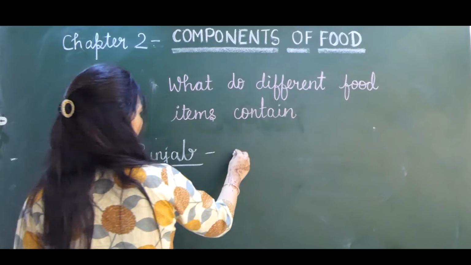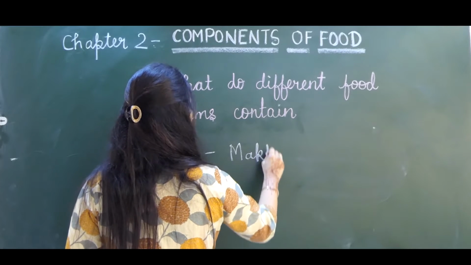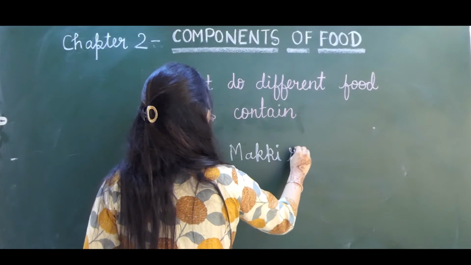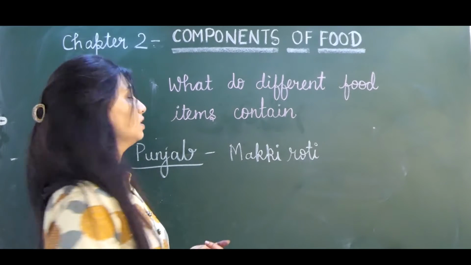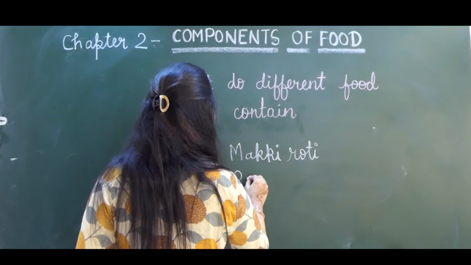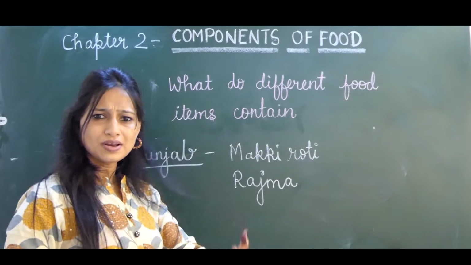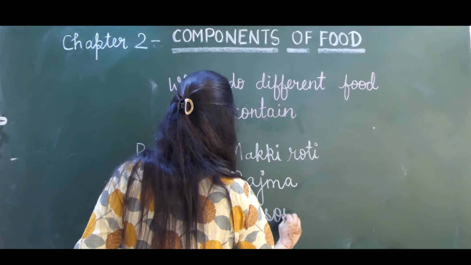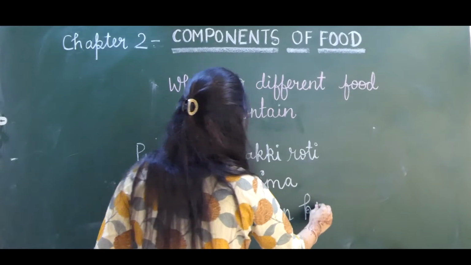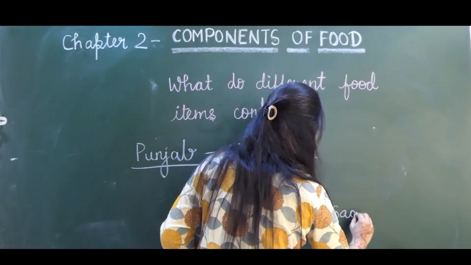It will have makke ki roti, which is corn ki roti. It will have rajma, right? It will have sarson ki saag. I'm just talking about the dishes which are very famous, the typical kind of dishes.